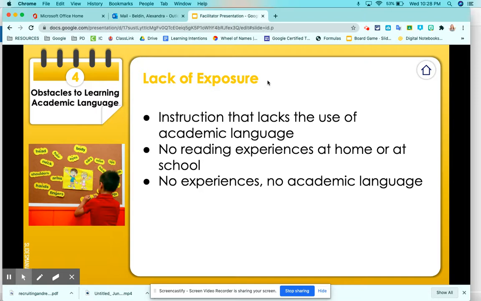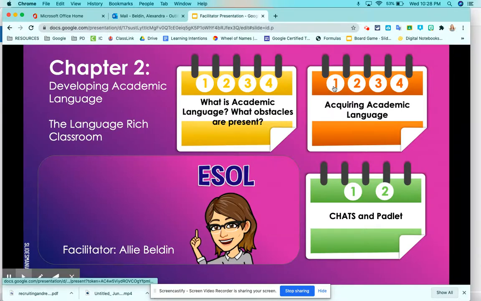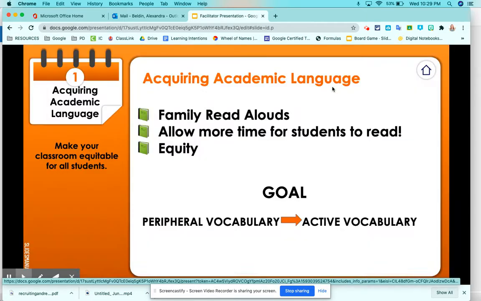Some schools don't give time for students to read, with the expectation that students are reading at home, and some homes have no reading experiences for students. And I find that no experiences means no academic language. If they don't have the exposure to academic language, how are we to assume that they will learn this effectively?